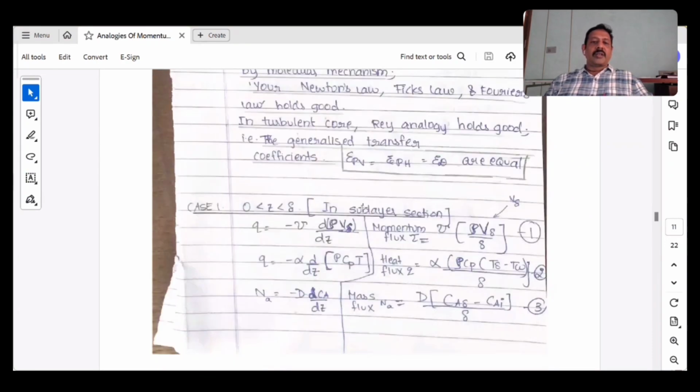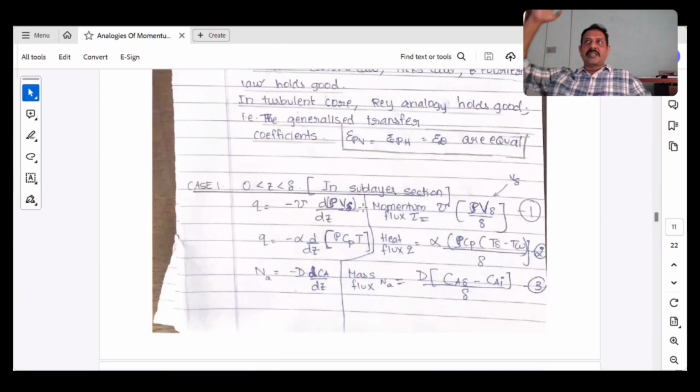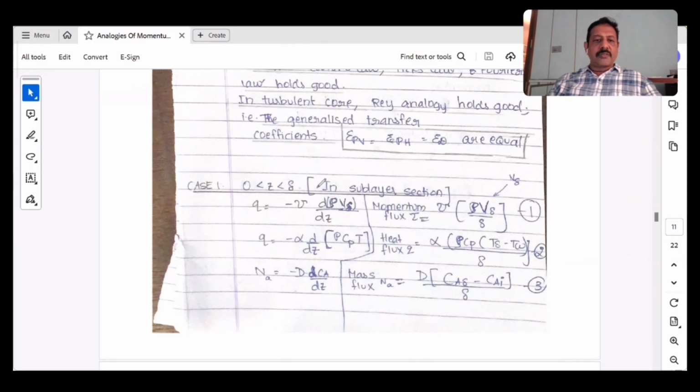Case one: from 0 to delta in the z direction. 0 is at the boundary, delta is the thickness of the boundary layer. What happens? It happens only by laminar flow, only by molecular motion. So we have already developed this equation.